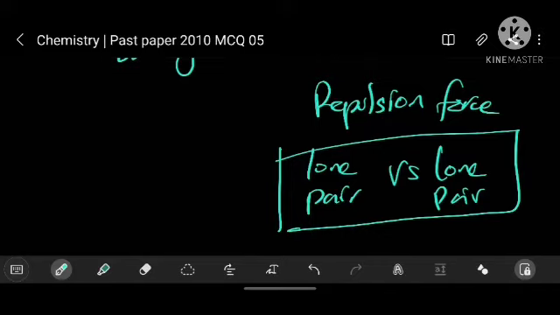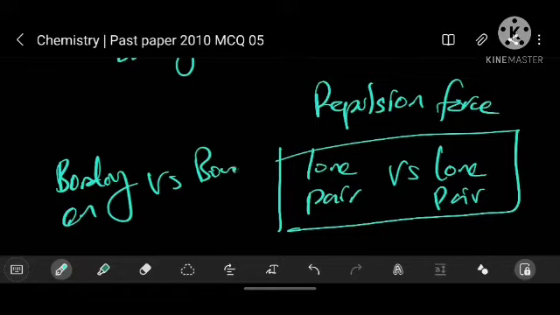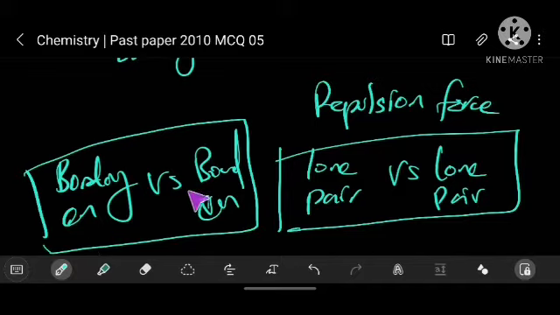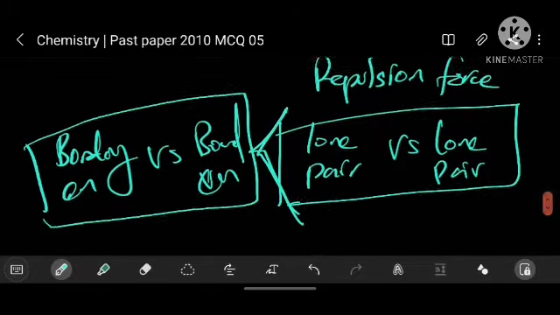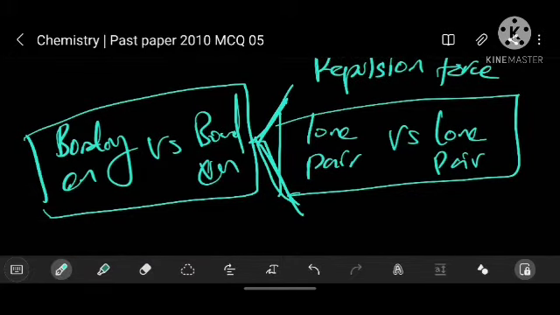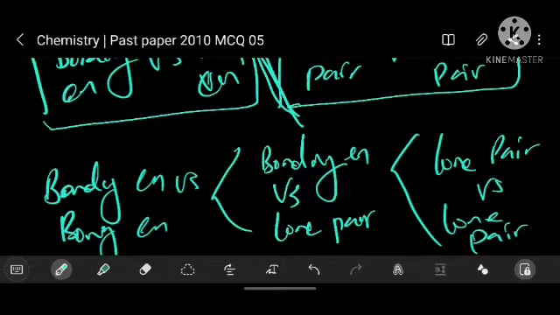So the highest is the repulsion between two lone pairs, the second highest is the repulsion between one bonding pair and one lone pair, and the least repulsion force is between two bonding pairs. So that is the order.